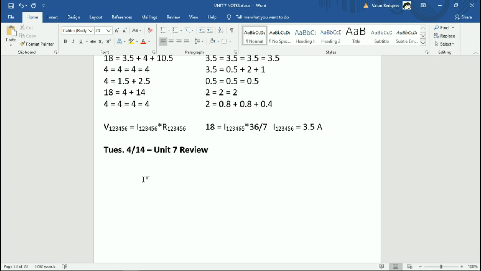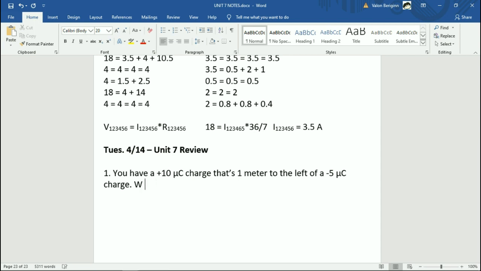So I'll go through 3 questions. The first, let's do a field question. Let's say you have a plus 10 microcoulomb charge that's 1 meter to the left of a minus 5 microcoulomb charge.